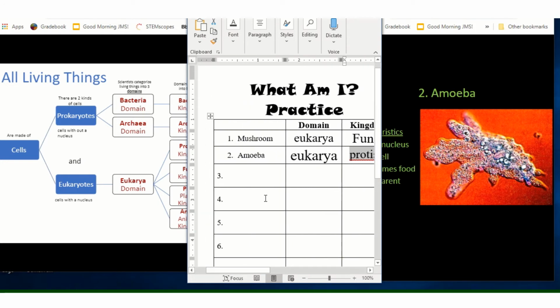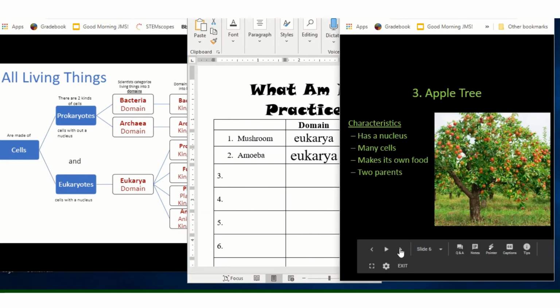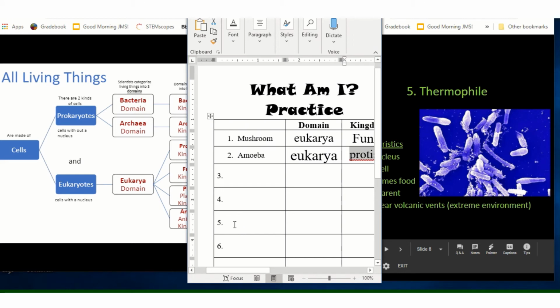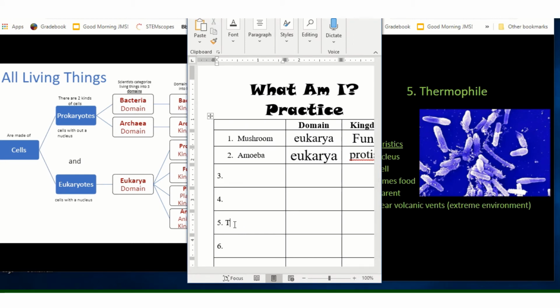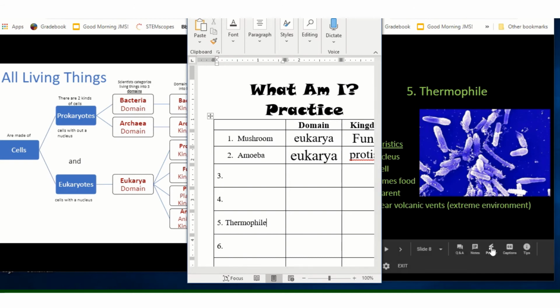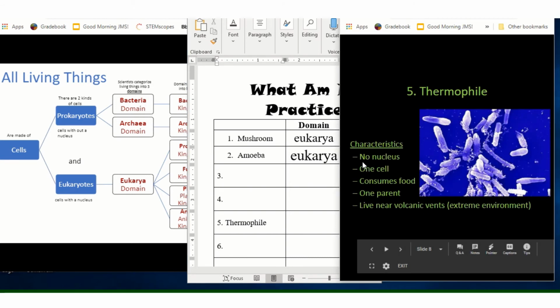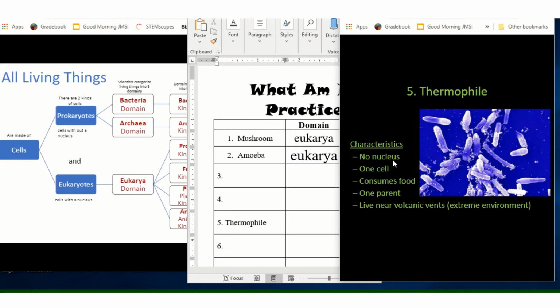All right, we are going to skip ahead to number 5 because it's a little bit different than the other ones. So in this blank next to number 5, we're going to put thermophile. Then we go back, look at, okay, it says no nucleus.